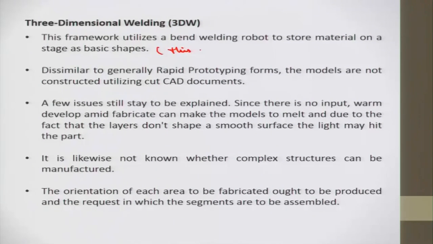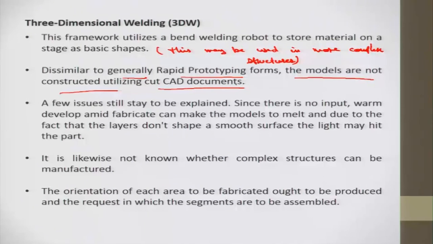This may be then incorporated into more complex structures. Now, unlike the general rapid prototyping processes, the models are not constructed using CAD documents, because the CAD documents generally provide 2D slices, a model which is converted into 2D slices after converting it to STL format. So this does not use this.